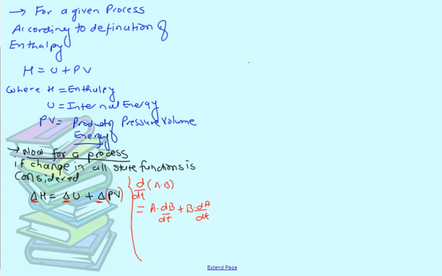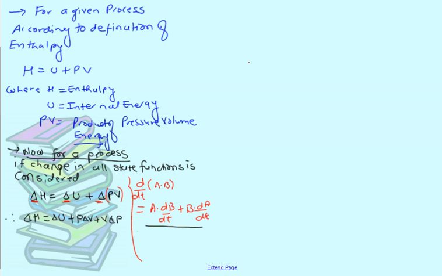I may write delta H equals delta U plus P delta V plus V delta P. Are you following? Keep the first quantity constant and take the change of the second, then keep the second constant and take the change of the first. Okay.